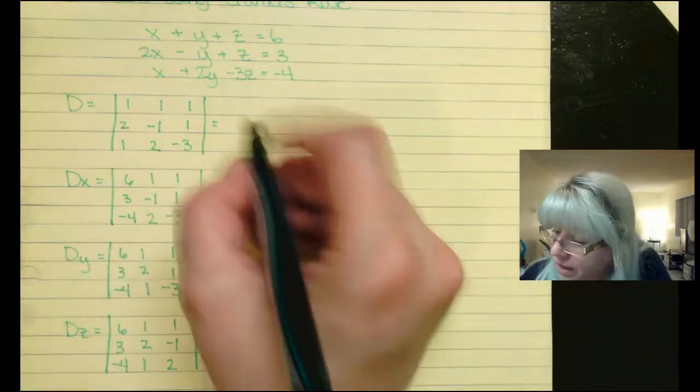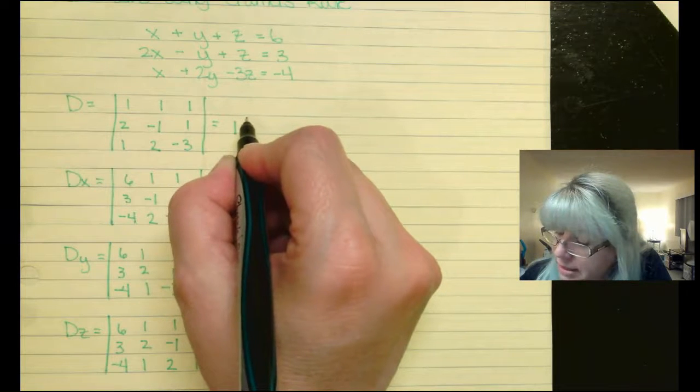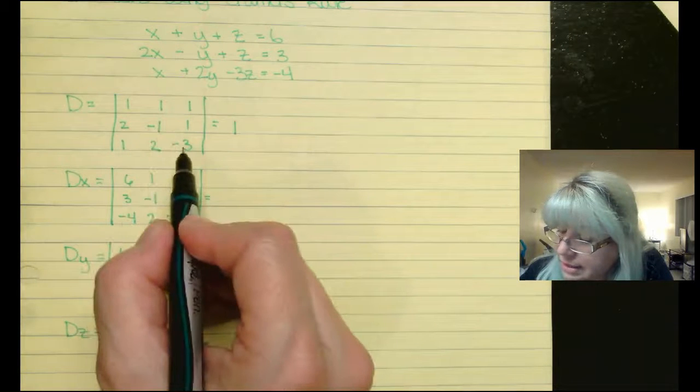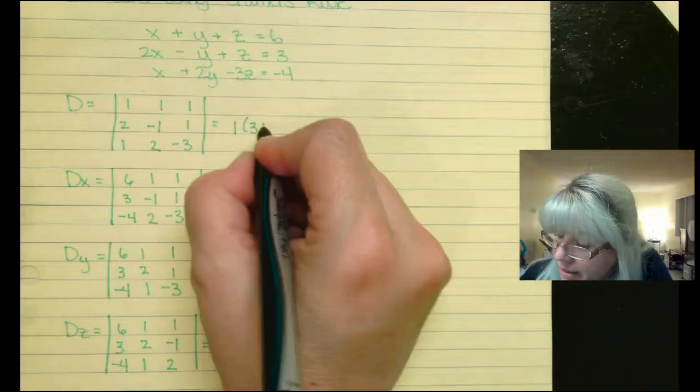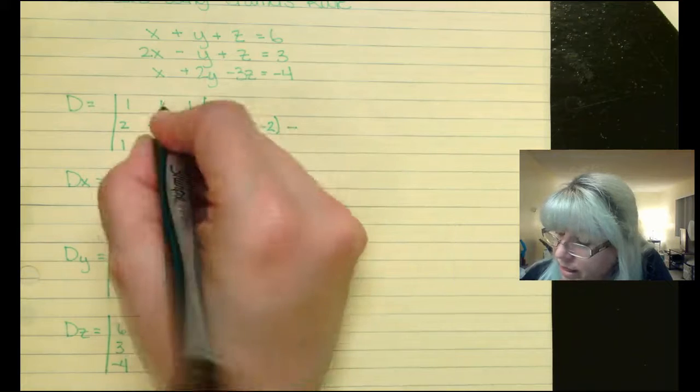Okay, so first value is 1, and its determinant is going to be, and I'm just going to do it in my head, negative 1 times negative 3 is 3, minus 2 times 1 is 2, minus second value is 1.